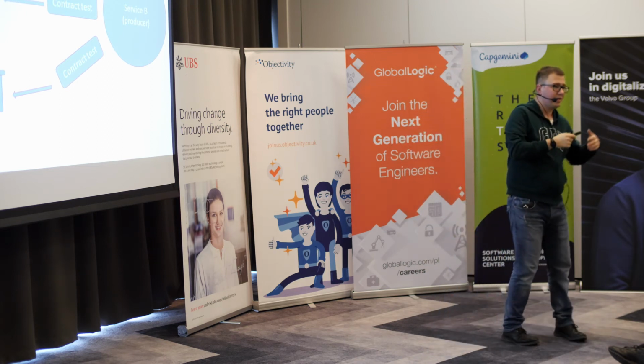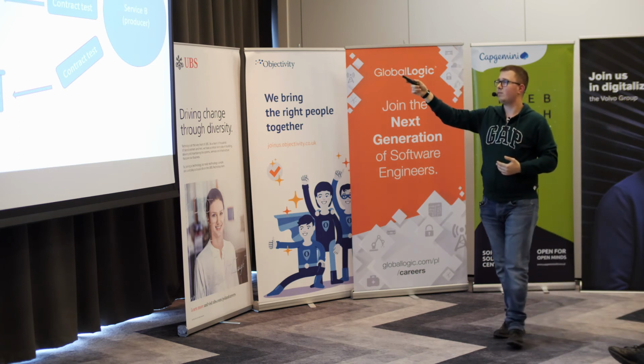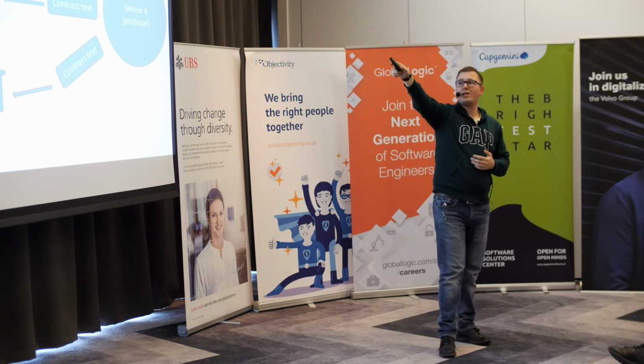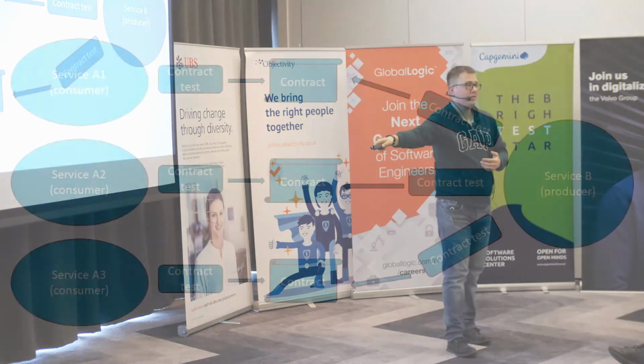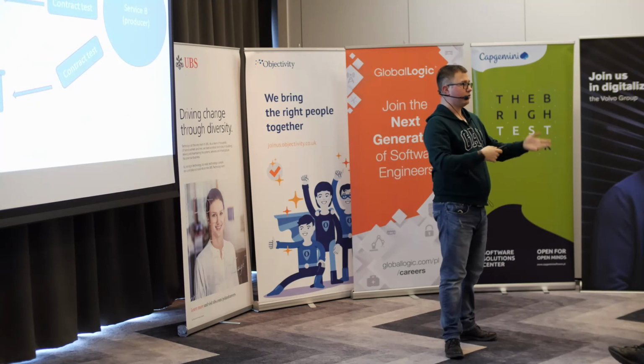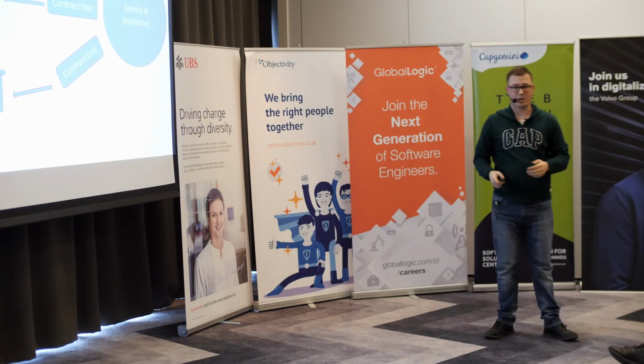And at that moment, when the service B developer updates each of the contracts, the developers of other services will also be notified that there is a breaking change and you need to respond. So you need to respond by updating your code, or reverting the contract, or blocking service B from making this change.